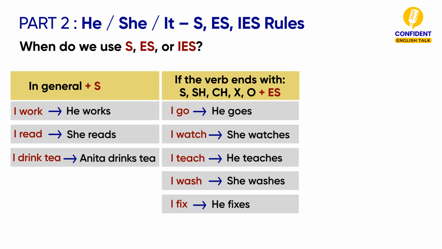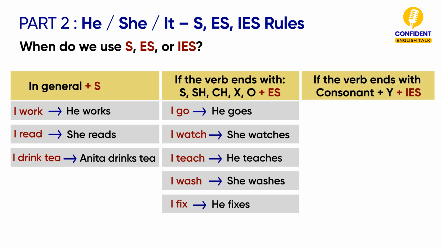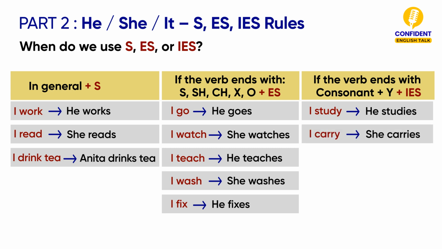Now, when to add IES? If the verb ends with Y, and before Y there is a consonant, then remove Y and add IES. Examples: I study. He studies. I carry. She carries. I try. He tries.